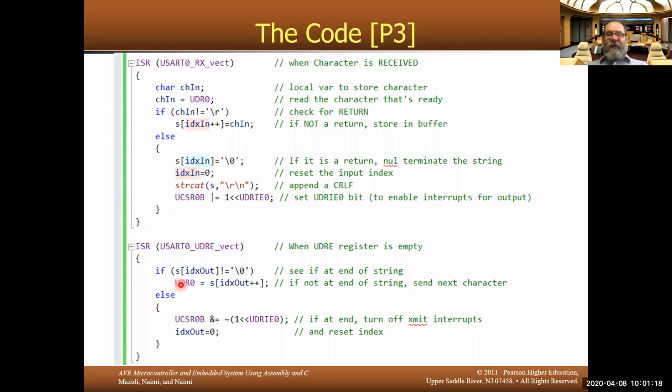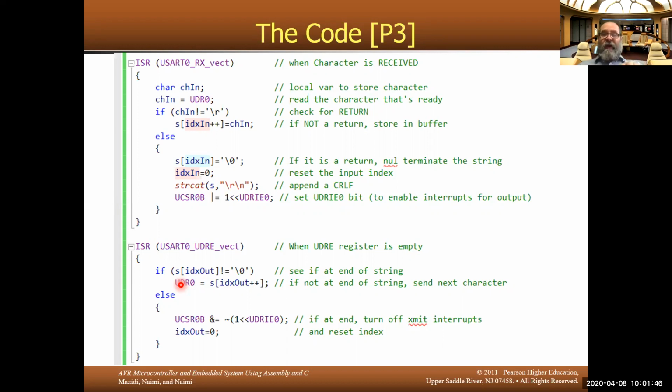The data register is immediately transferred to the transmit shift register. Remember that diagram that had the data register, which got loaded into the transmit shift register. So I loaded something into the data register. It would immediately get loaded into the transmit shift register by the hardware, because there was nothing else in there.